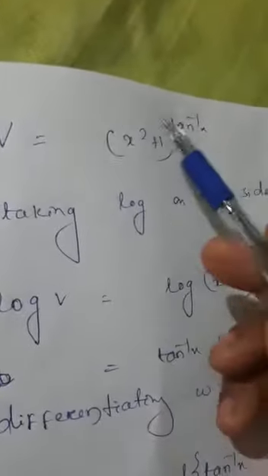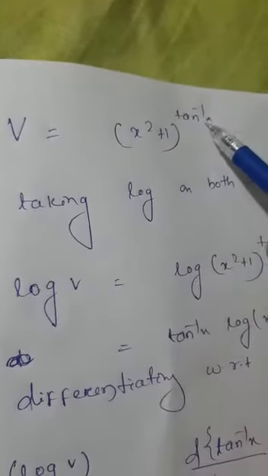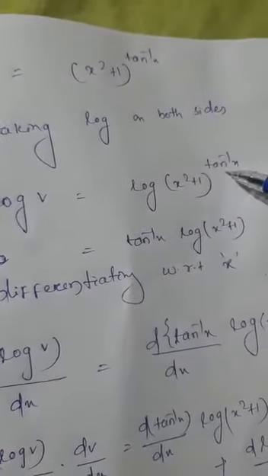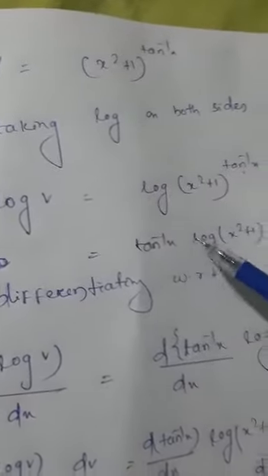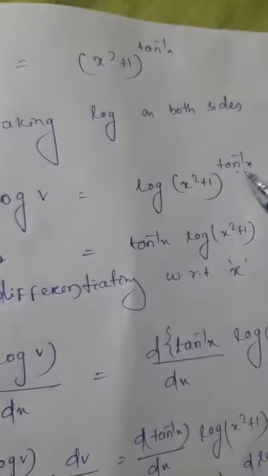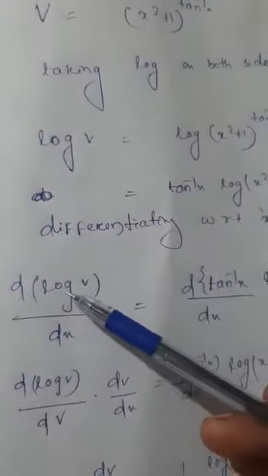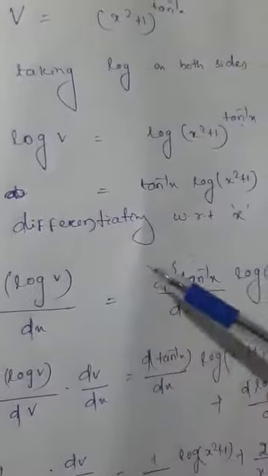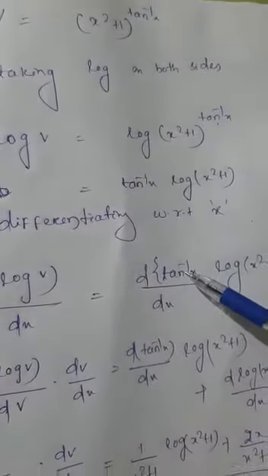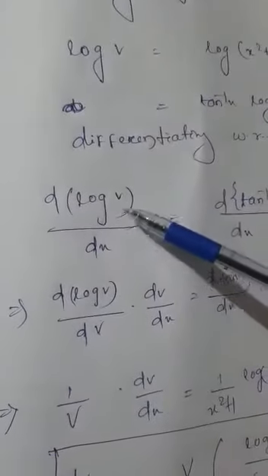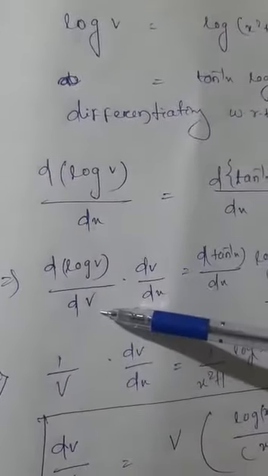Now what is the value of v? We have considered v is equal to (x square plus 1) power tan inverse x. So taking log on both sides, log v equals log of (x square plus 1) power tan inverse x. So log m to the power n is n log m. Differentiating with respect to x, the derivative of log v with respect to x. Now here v cannot be differentiated with respect to x directly, so what you have to do?